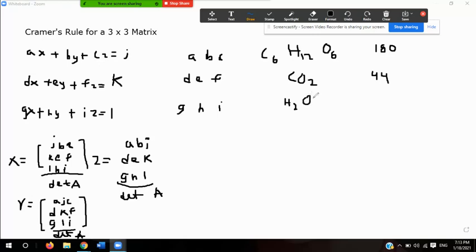And the weight is 34. So what we're going to do is set up a linear equation, and we're going to separate the compounds.